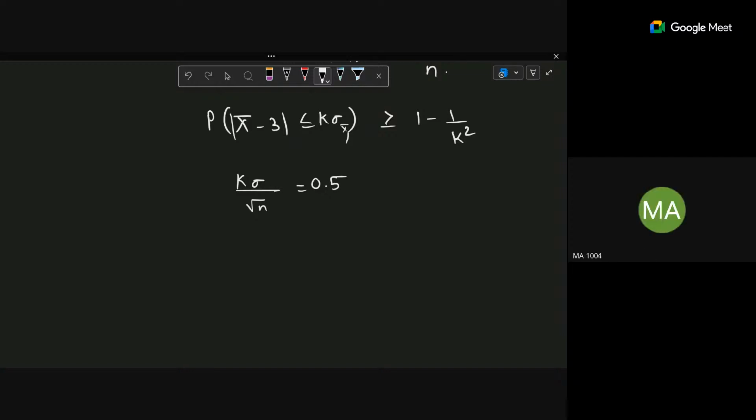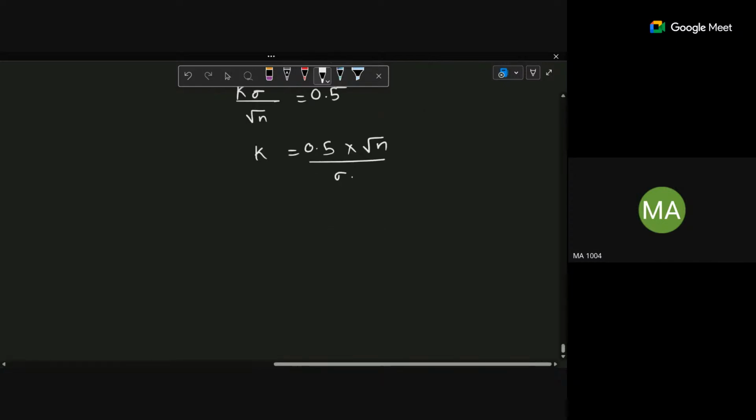Okay. So when k sigma upon square root n is 0.5, what will be the value of k then? So we have to square it. k is 0.5 into square root n upon sigma, right? And k square will be nothing but 0.25 n divided by sigma square, which is 3.